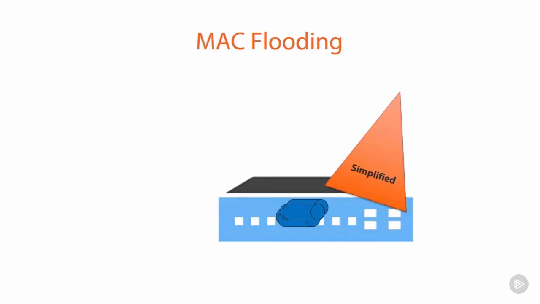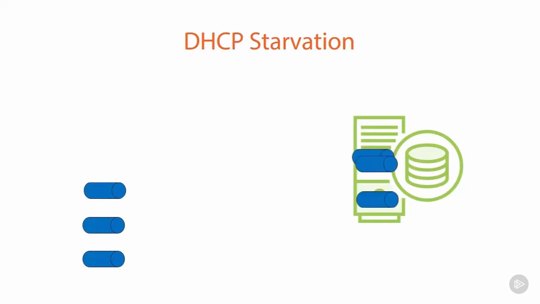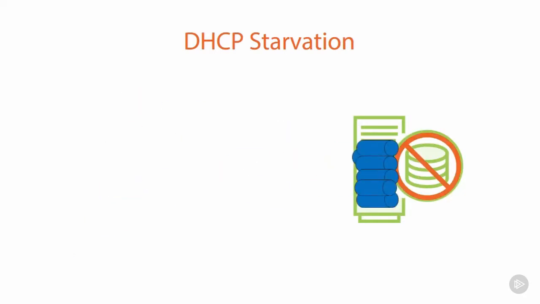The next type of pen test that I want to do would be a DHCP starvation attack. Again, we have a DHCP server that has a database of IP addresses that it's issuing out, the pool of our IPs. Well, what we do is we simply broadcast DHCP requests with spoofed MAC addresses. It eventually exhausts the DHCP server's address space, or uses up the pool.